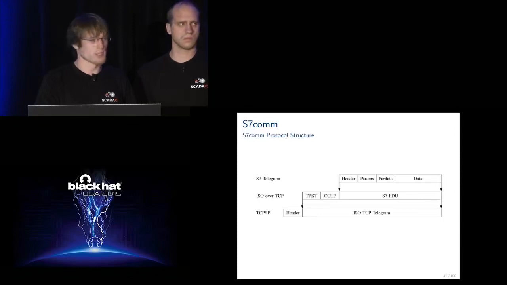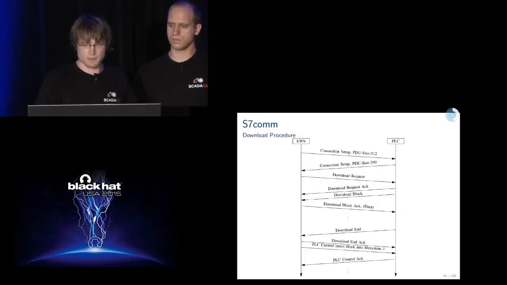ISO over TCP is used to address several components in a composite PLC environment. So mostly you don't have one PLC like we have here. You have a lot of PLCs, with a lot of input and output modules. You can address them with ISO over TCP. And then the whole packets are wrapped into TCP/IP.